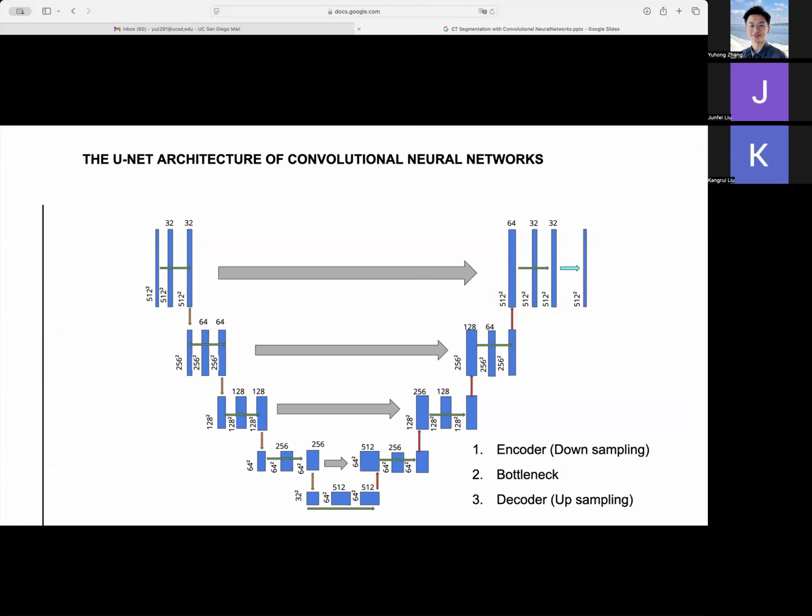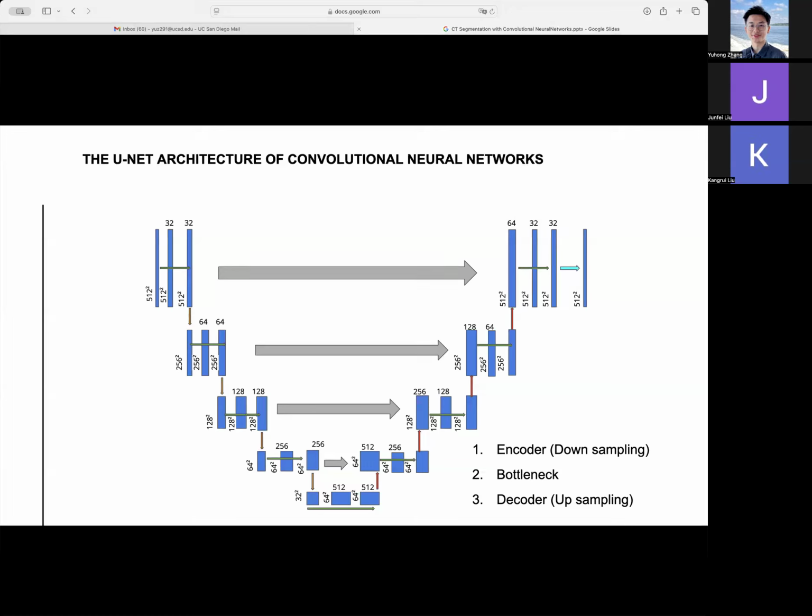Yeah, so here we start introducing the UNet architecture. The reason this is called UNet is because it is usually drawn in a U shape. The architecture first starts by reading the input data. In our case, these are 512 by 512 in spatial size. And then the first half of this architecture, the left half, is going down.